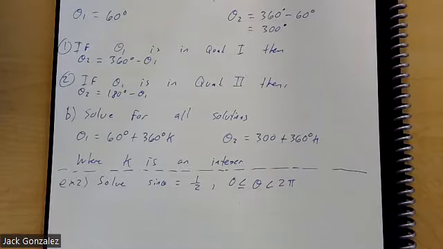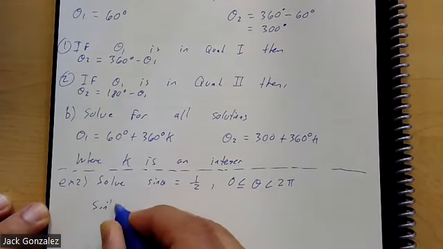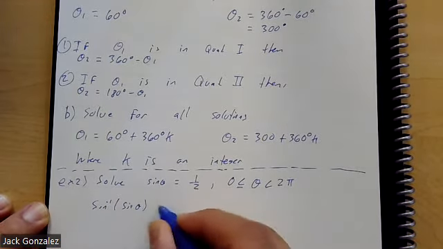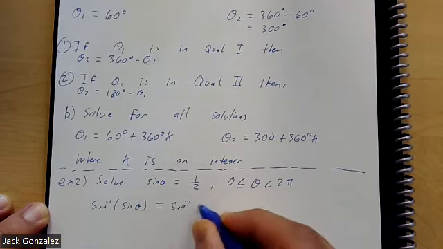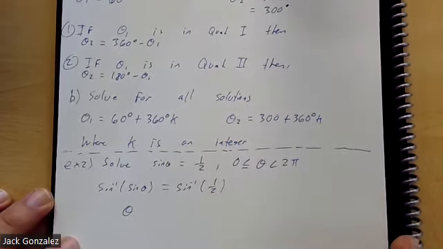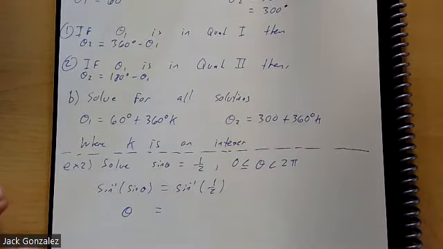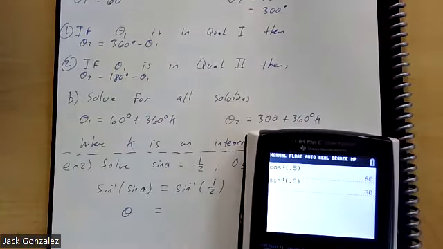Now, if we pretend that wasn't on the circle, which it is, you would have to do the inverse sine, right? That will solve for theta. Inverse sine of this guy, I don't know what that is. I think 30 degrees, right? So sine inverse gives me 30 degrees.